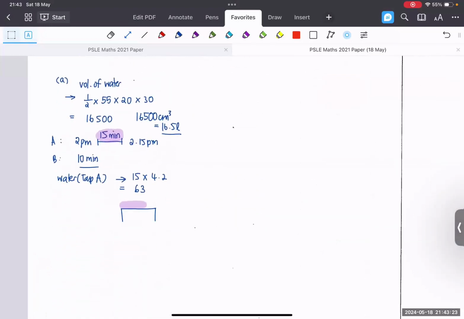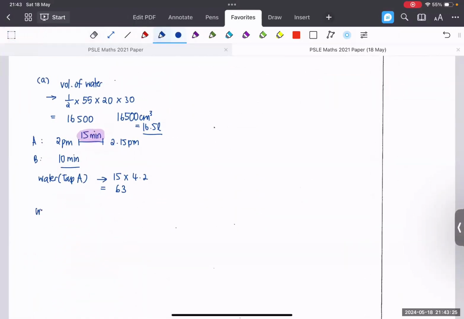So now, what can I do? I can find out the water that flows out from tap B. 63 minus 16.5 liters will give us 46.5 liters. Okay, I need people to tell me, this 46.5 liters, how many minutes did it take tap B to remove 46.5 liters?